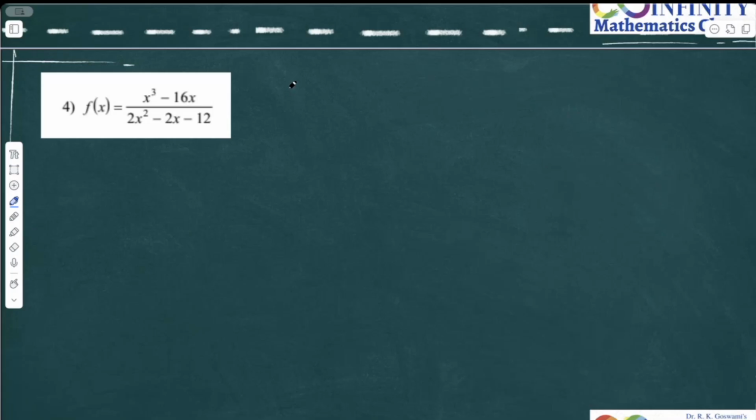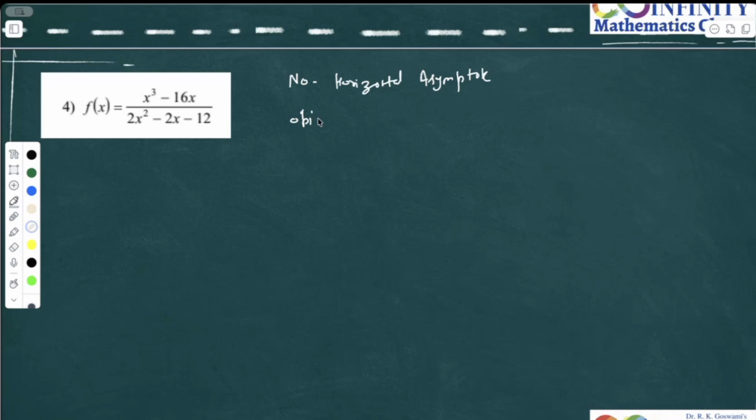So I can tell you there is no horizontal asymptote, but there is an oblique asymptote. Can you please help me with the oblique asymptote?